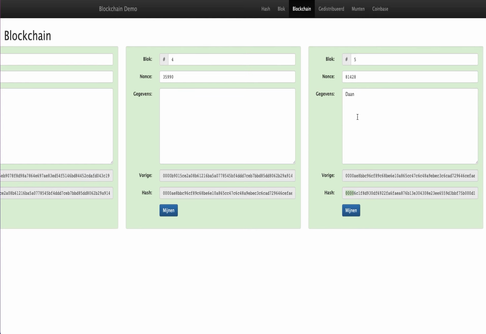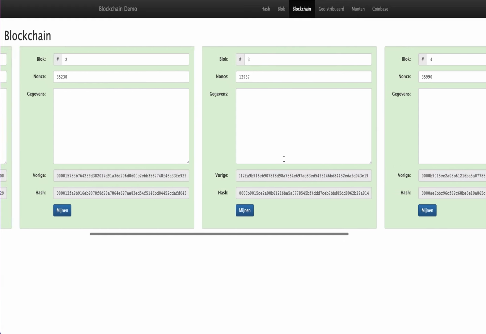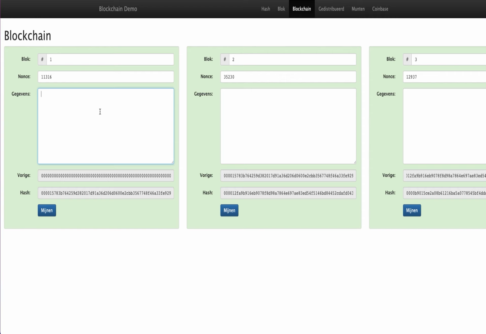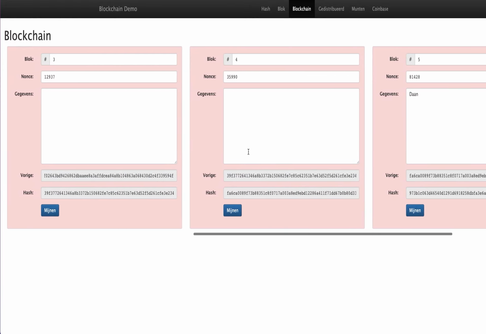So it looks like nothing changed, and this is a valid blockchain because everything is green. But when I want to alter something here, all blocks should be red because this hash changes, and because this hash changes, this section changes, and because this section changes, this hash changes, and so on. So let's check. My beautiful name, and you see everything is red now.